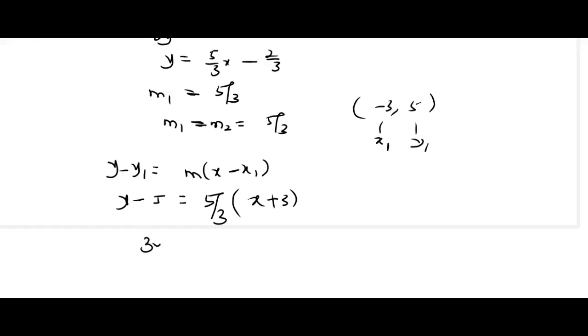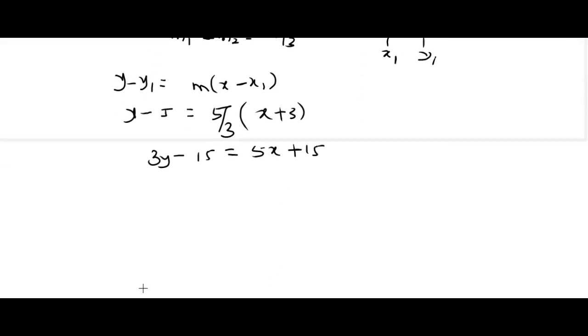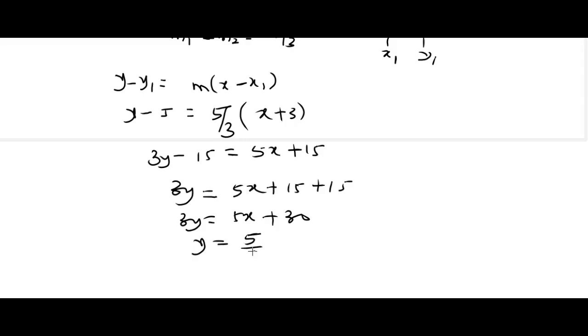So this is 3y minus 15 equals 5x plus 15. So I can have 3y equals 5x plus 15 plus 15, 3y equals 5x plus 30. If we divide through by 3, we have y equals 5 over 3 x plus 10. And this is the required equation.